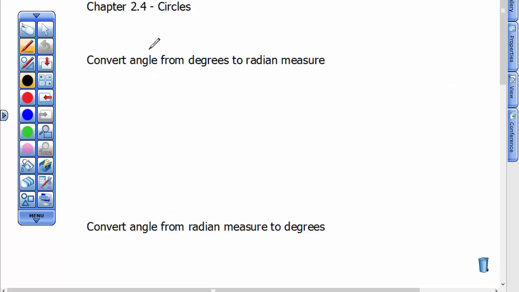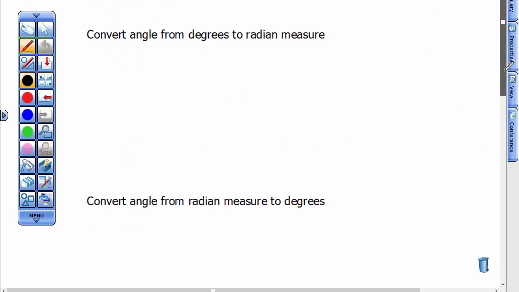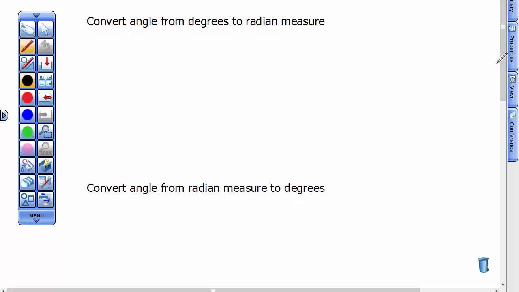Okay, let's use the fact that the formula for the circumference of a circle is 2 pi r to decipher why, when we want to take an angle that's in degrees and convert it into radian measure. So in an effort to remind you one more time, I'm going to draw a circle.